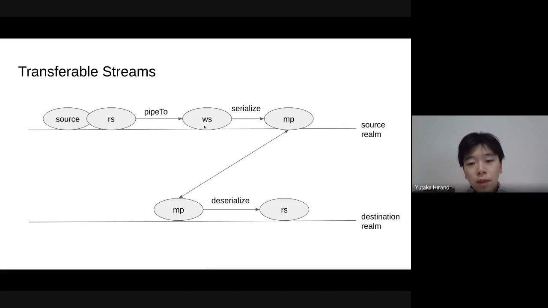The writable stream is on the source realm, and the readable stream on the destination realm. And the created writable stream and readable stream communicate with the message ports. And the original readable stream is piped to the created writable stream, and you can read chunks on the destination realm.